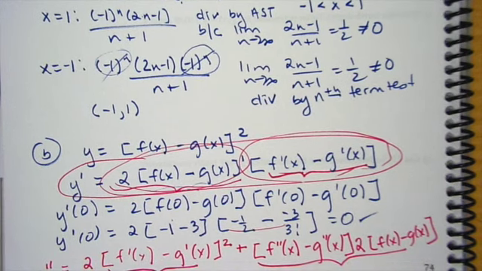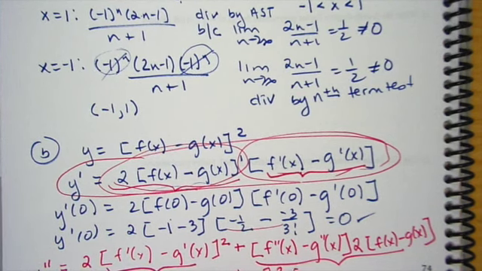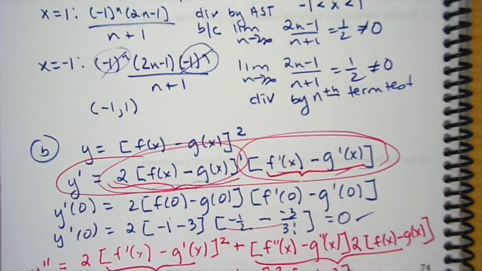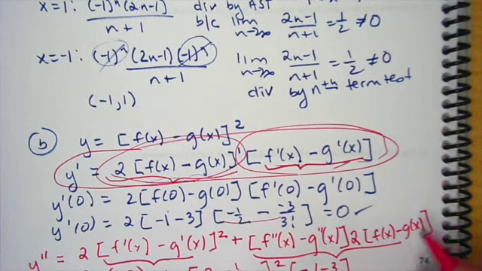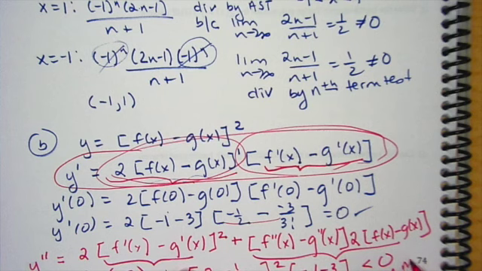You can calculate the numbers if you want. I believe these are the numbers. But you don't actually have to do all the arithmetic. All I know is that this is a negative number. So you have a place where the first derivative is 0, the second derivative is negative, which means that the graph is concave down. So that means that you have a relative max.